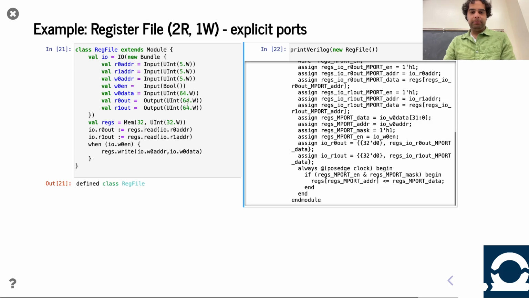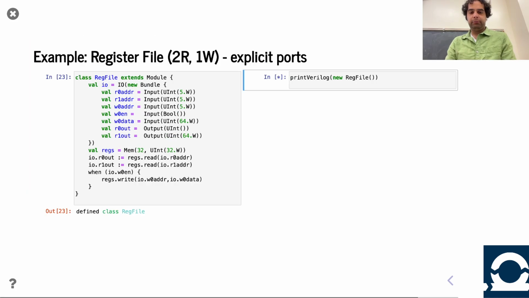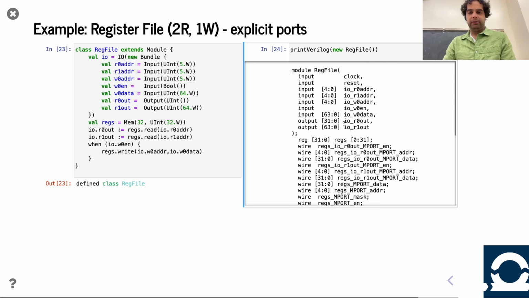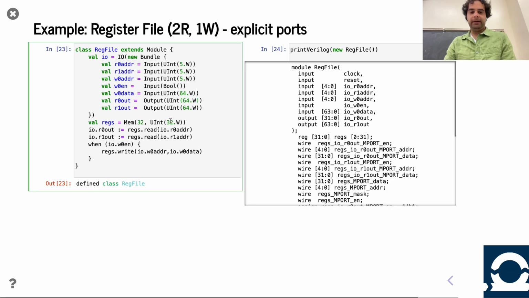Now I kind of want to pressure the width inference engine. Let's see what happens. If I leave that width off, that's probably okay. It's going to infer that should be 32 bits based on that. Now the fun one is, what if I put that width back and then remove the width here?